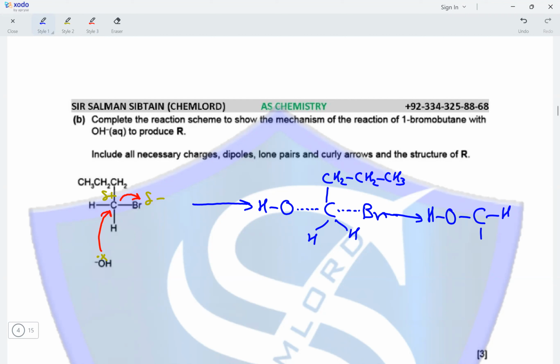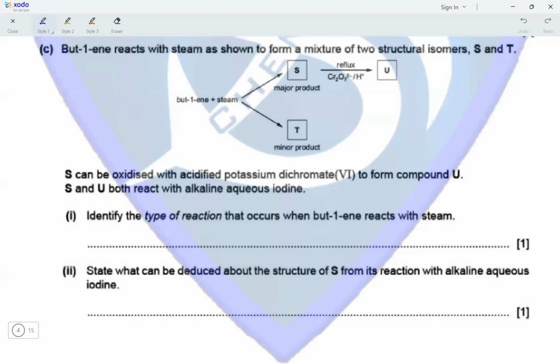The hydrogen atoms are present, and CH2, CH2, and CH3 groups are present as the alkyl group. So this is the product that is formed, and the mechanism shows the lone pair of electrons on the OH group attacking the carbon atom with the positive charge on it, leading to breaking of the carbon bromine bond. So this is the SN2 reaction mechanism with which an alcohol forms from a primary halogenoalkane.